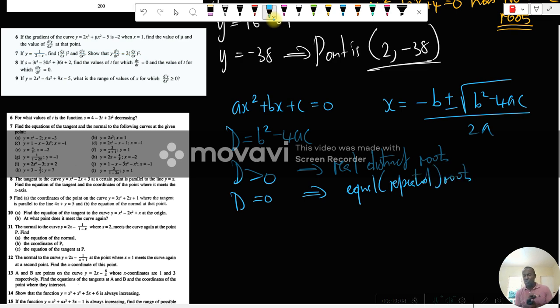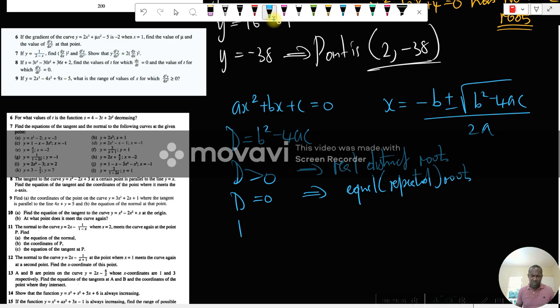Real distinct roots means that the curve will cut the x-axis twice, at two distinct points. Equal or repeated roots basically means that the curve just touches the x-axis, so the x-axis is a tangent to the curve.